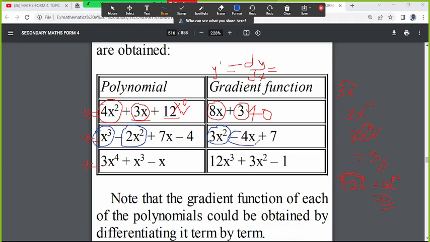The derivative of the third term is 7, because it is 7x to the power of 1. The derivative will be 7 times 1, x to the power of 1 minus 1, which is 7x to the power of 0, where x to the power of 0 is 1. So differentiating that gives us 7. Differentiating a constant will always become 0. Same case here, the derivative of 3x to the power of 4.